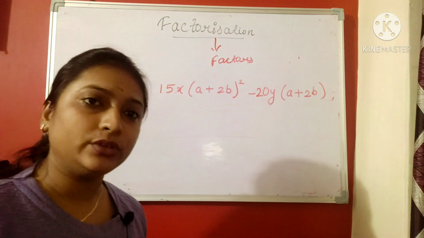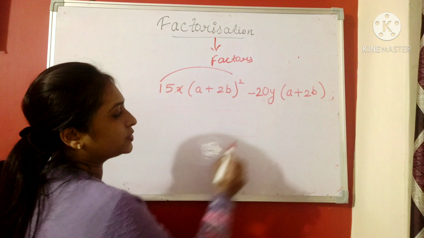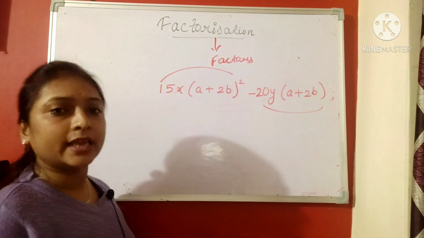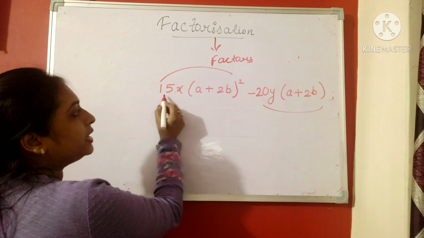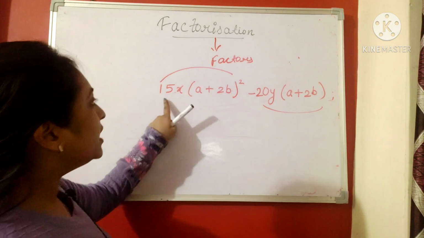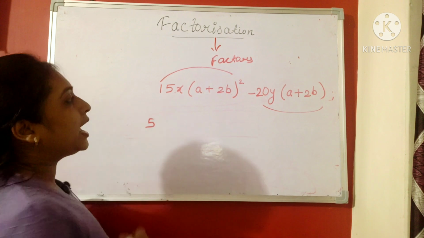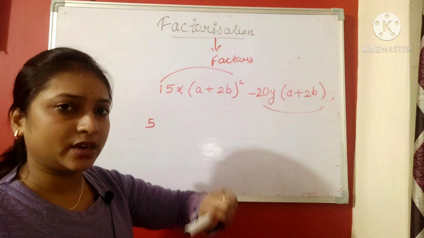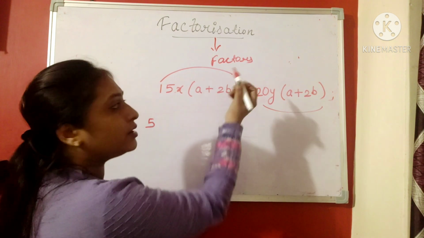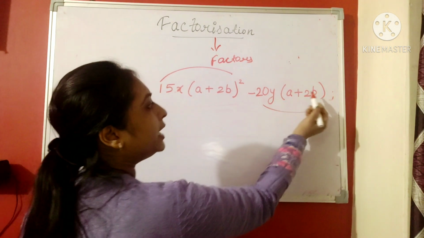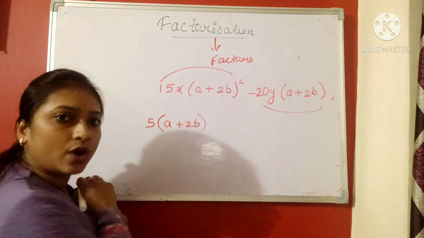If we talk about this question, we have this as the first term and this as the second term. In both the terms, what can we take out common? Let's see the numbers first. Here it is 15, here it is 20. 5 can be taken out common. Now here we have x and here we have y, so leave that. In the bracket we have a plus 2b raised to the power 2 and a plus 2b. That means a plus 2b can be taken out common.